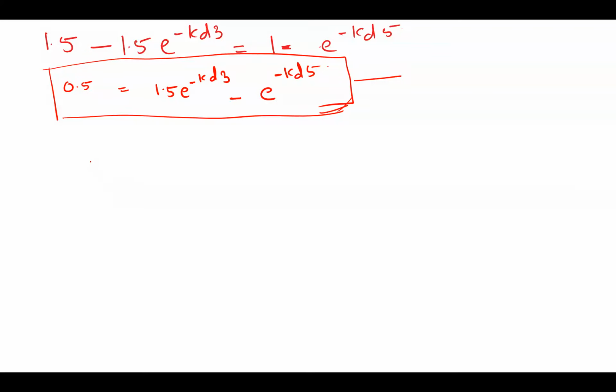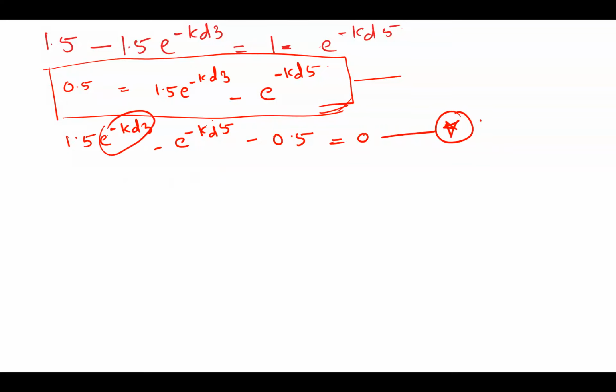Then we will make an equation: 1.5 e raised to minus kd 3 minus e raised to minus kd 5 minus 0.5 equal to 0. This is the main equation. So now you have to play with this term and this term.